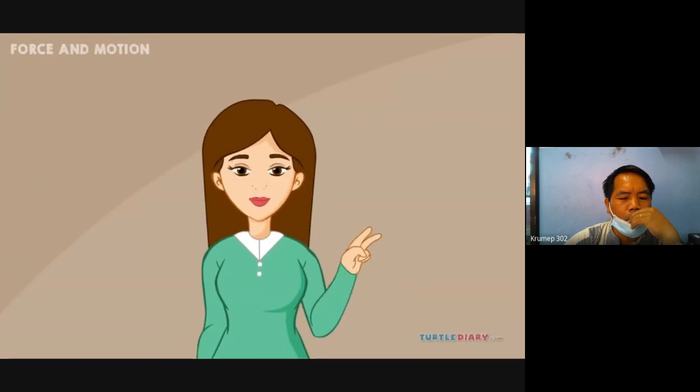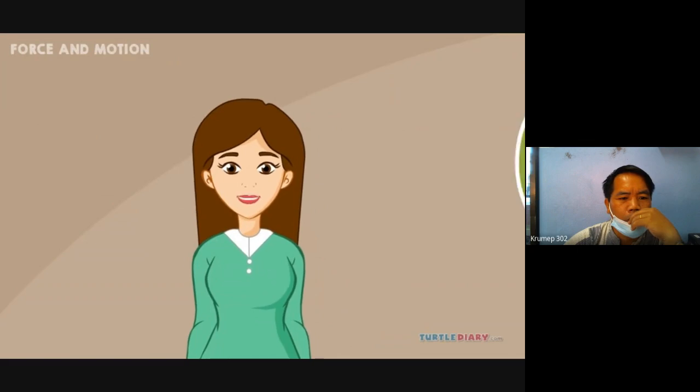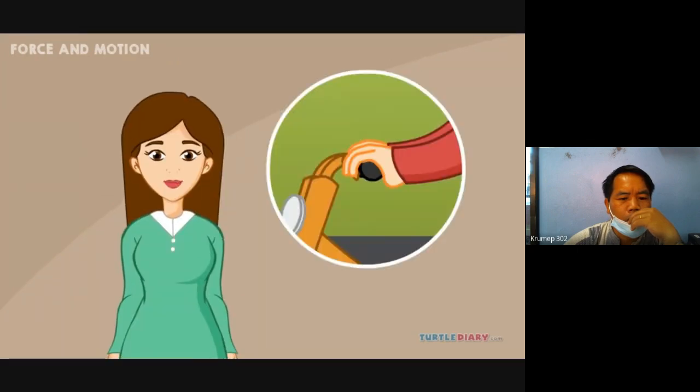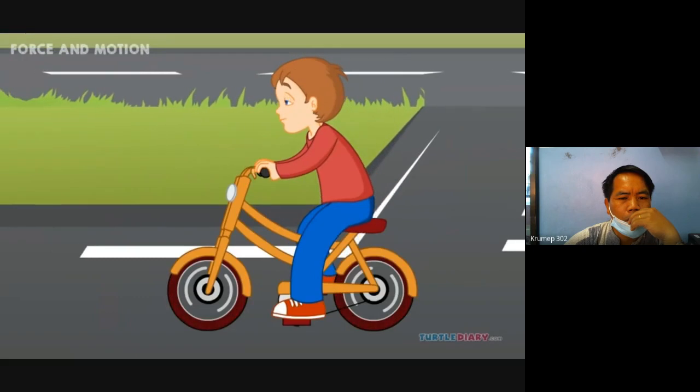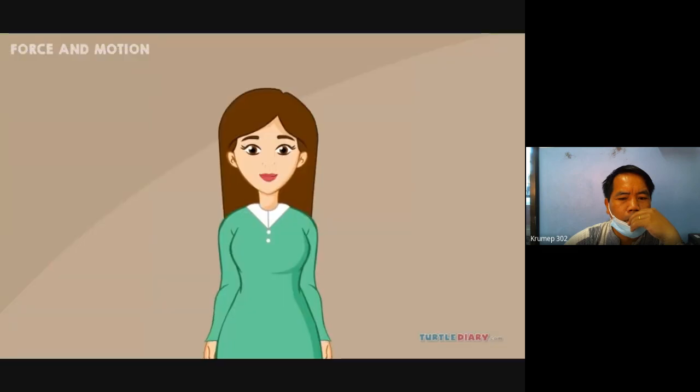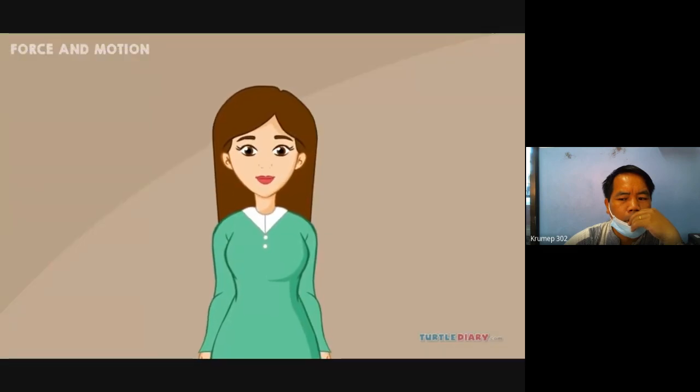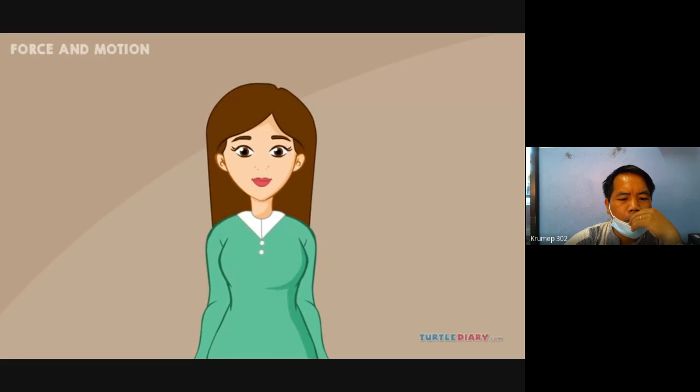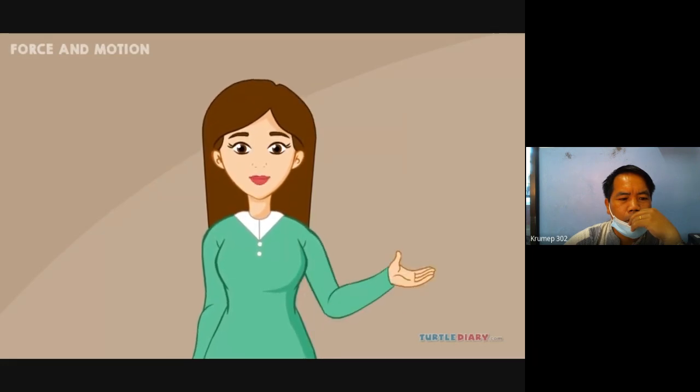Well, you can do two things. You can use force to stop by putting on the brakes. Or you can just stop pedaling and you will stop moving after a while. That's because there's another force acting on your bike's wheels. It's called friction.